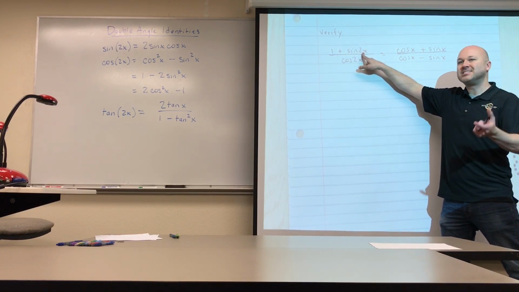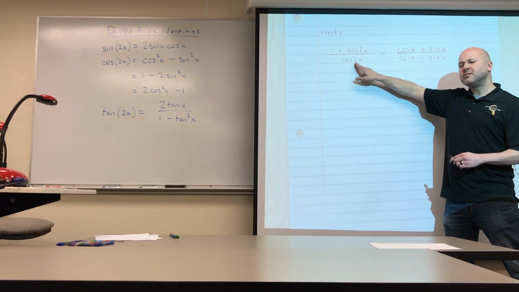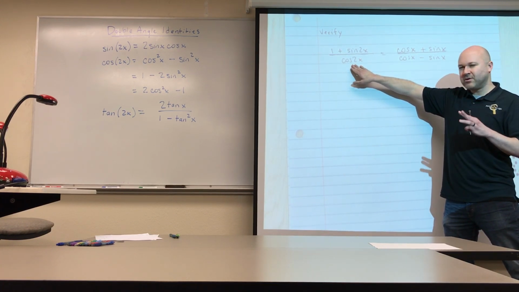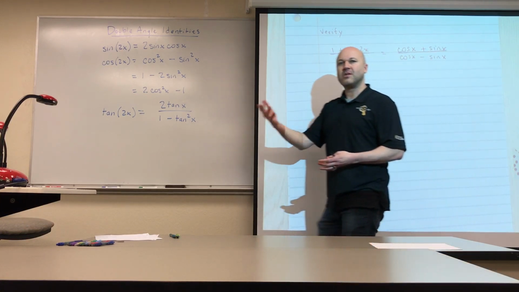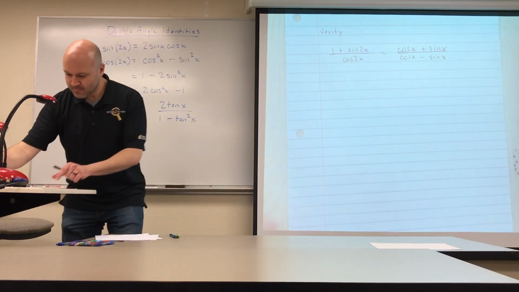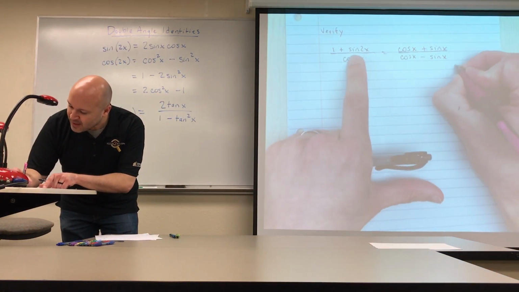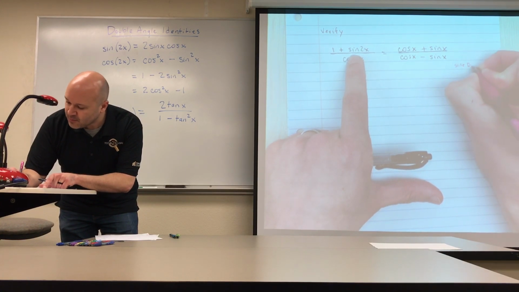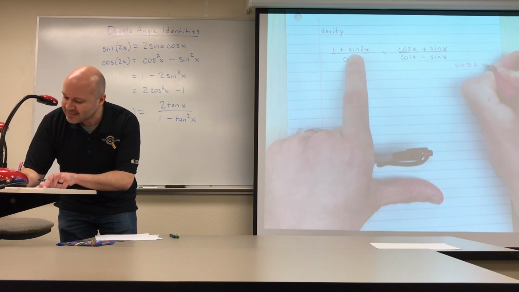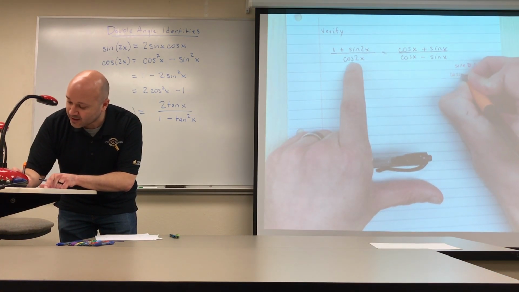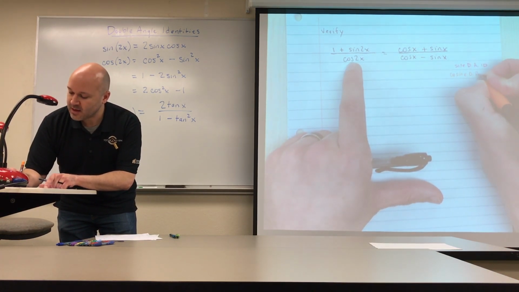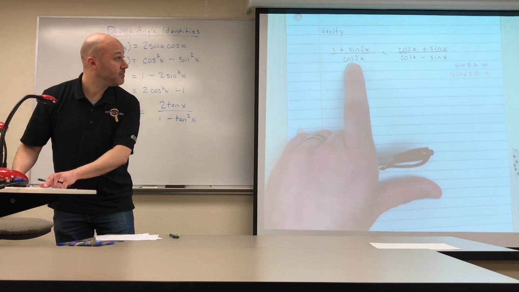Similarly here, cosine does have 3 versions, but this is the double angle, so I'm going to apply one of the cosine double angle identities.